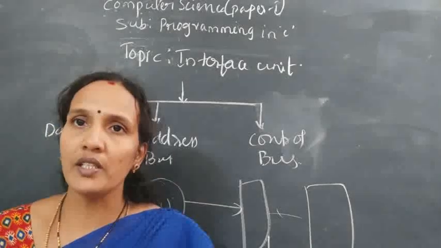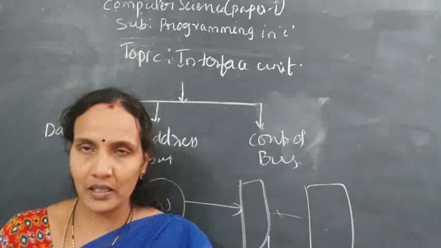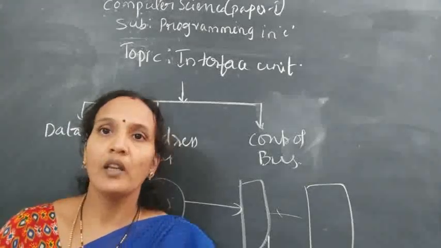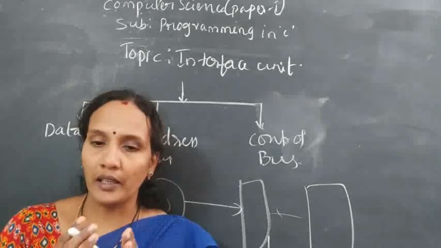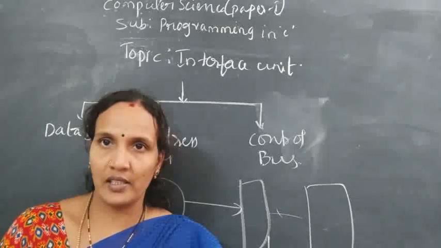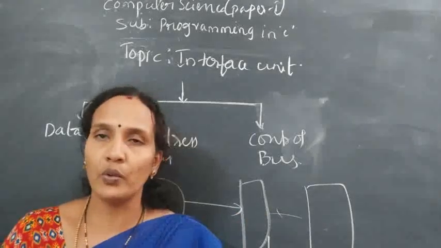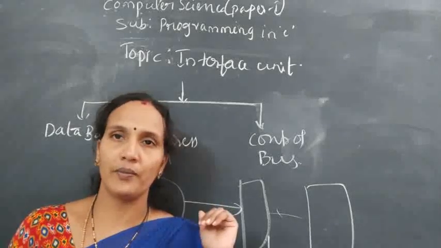Understood? What is the use of this interface unit? The interface unit connects the CPU with other units like memory, input and output units. Data and instructions are transferred between your CPU and the different units of your system with the help of the interface unit.